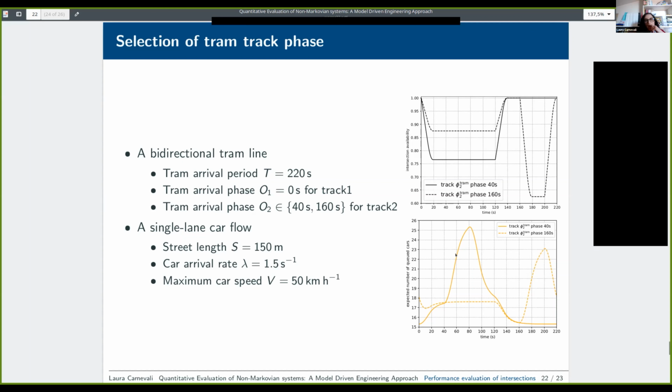In this case here, the trams of the 2 tracks tend to occupy the intersection during the same time intervals. And so this means that the duration of red intervals for the car flows is larger than in the second case, where we try to displace the tram passages of the two tracks. And so in the second case, which is represented by the dashed line, we are able to reduce the expected number of queued cars over time, also reducing the maximum peak that can be achieved.